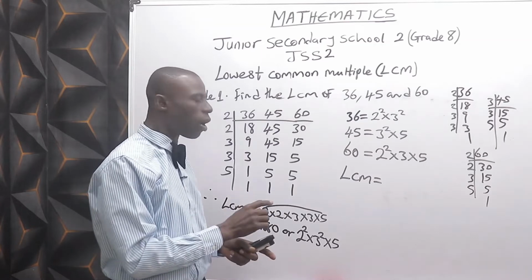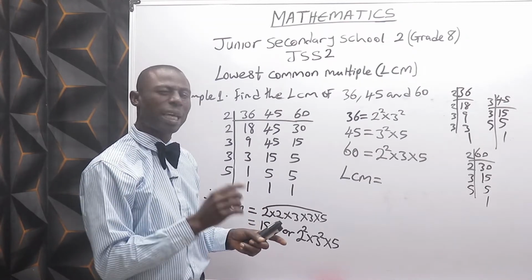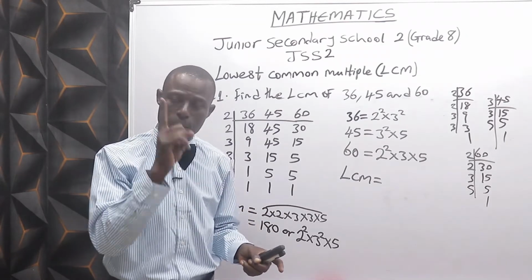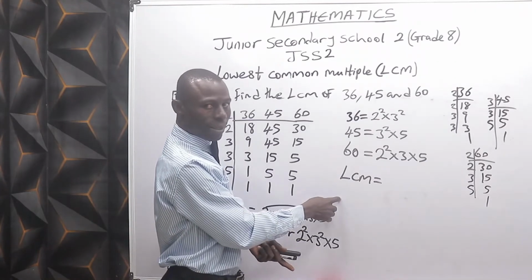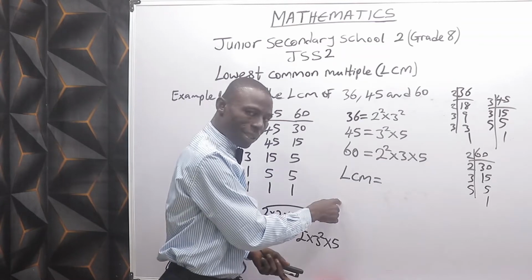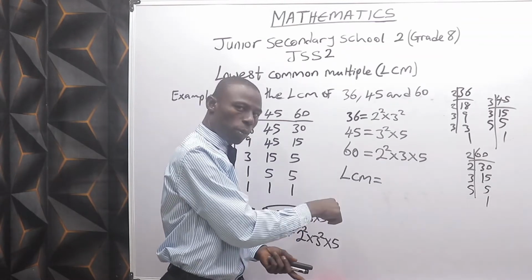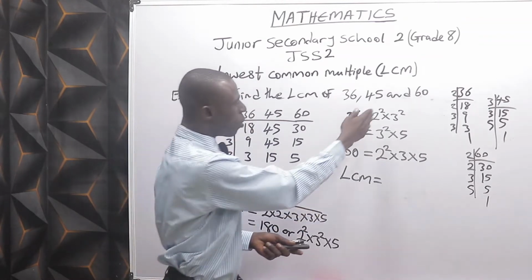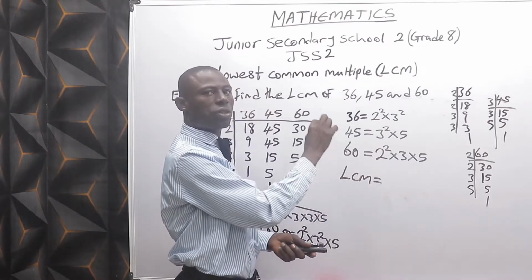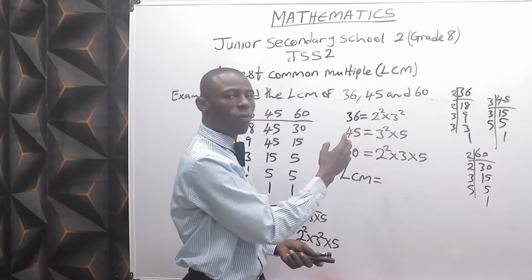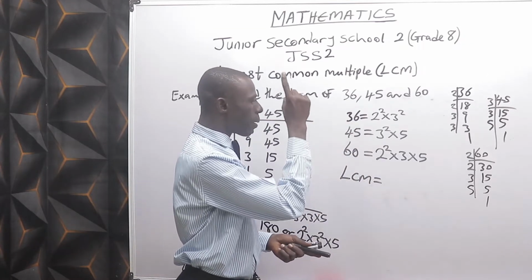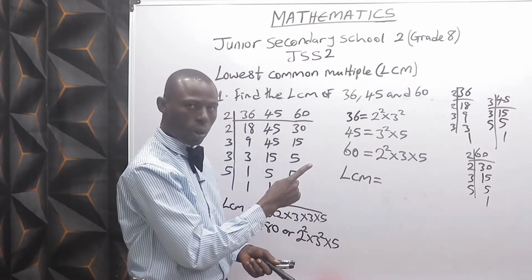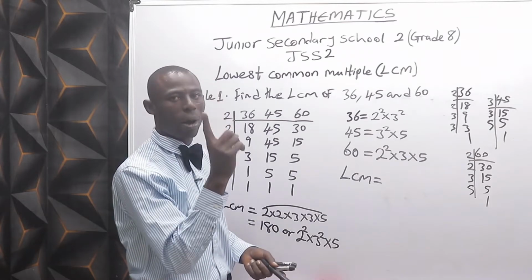But you take all the available prime factors in their highest power. You can see it is the opposite of lowest. We are considering lowest common multiple, lowest. So when you come here, having expressed each number as a product of prime factors in index form, take every prime factor in its highest power.